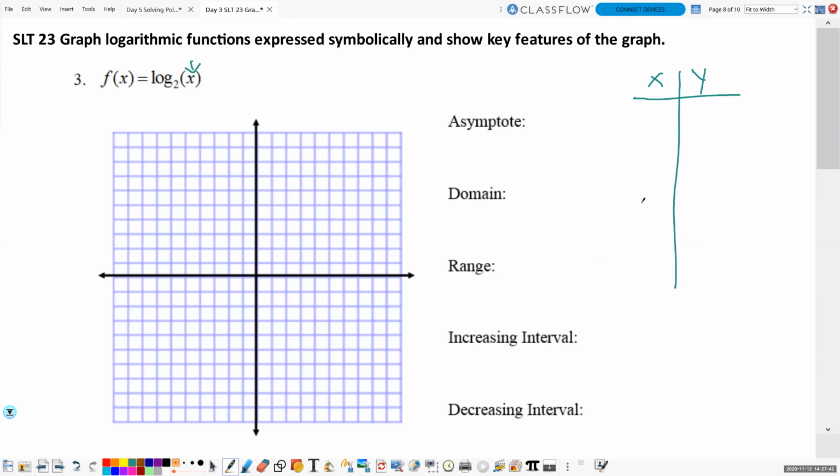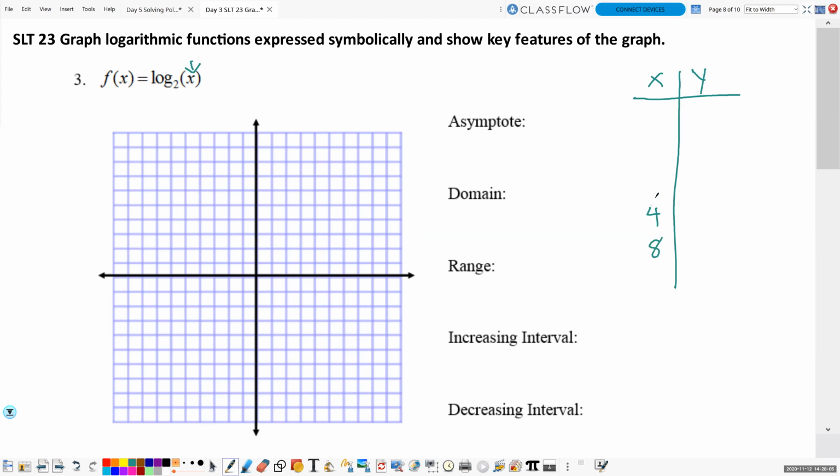I think Lauren froze. Yeah, she froze. We'll come back. Hey, Lauren McClure, your card is next. What are some powers of 2? 4. 8.